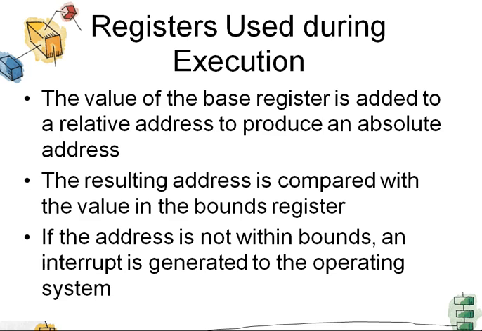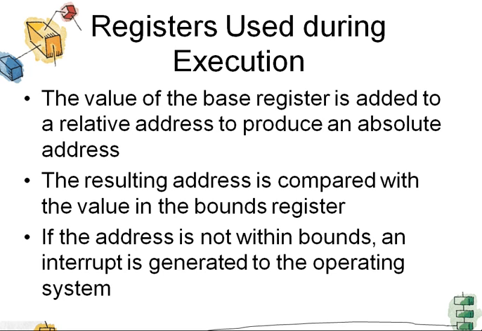The resulting address is then compared to the value in the bound register. See, by the addition of these two values, that is the base register value and the relative address, whatever resultant value is formed is compared to the value in the bound register to make sure that it does not cross the ending location of the process. If the address is not within the bound, an interrupt is generated to the operating system.